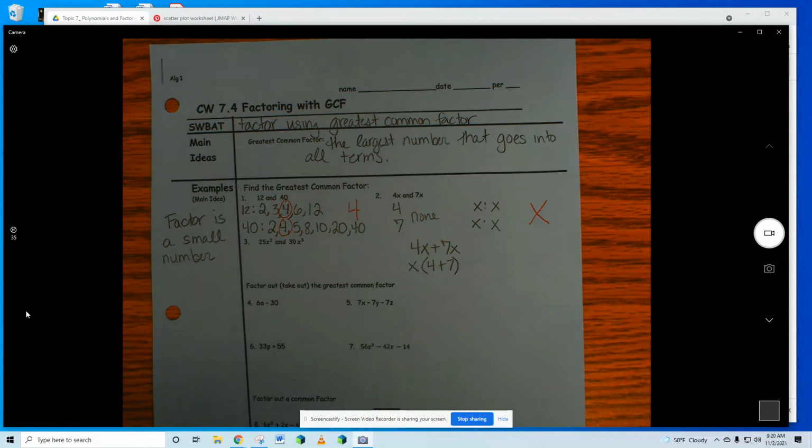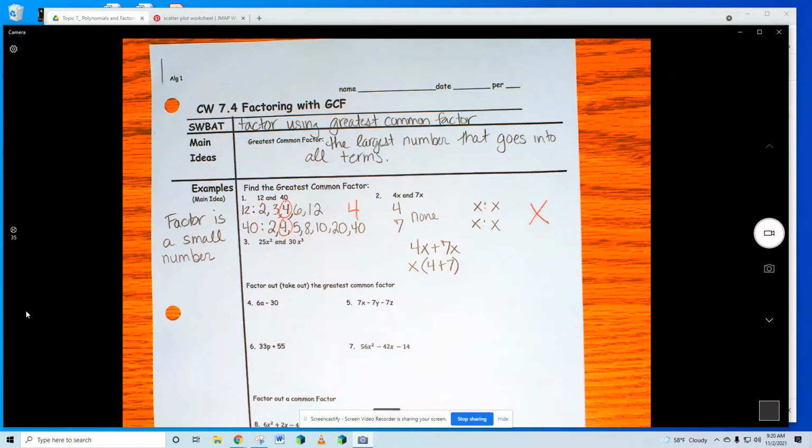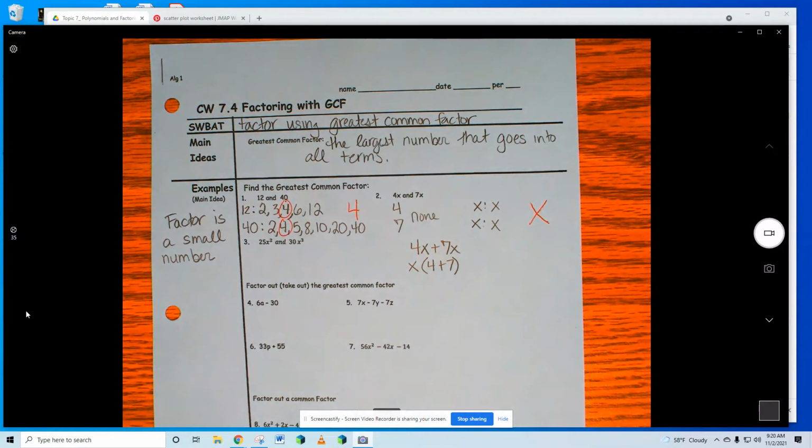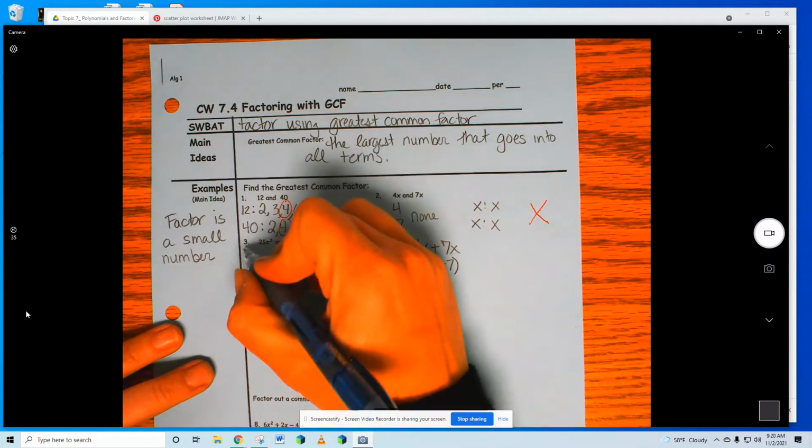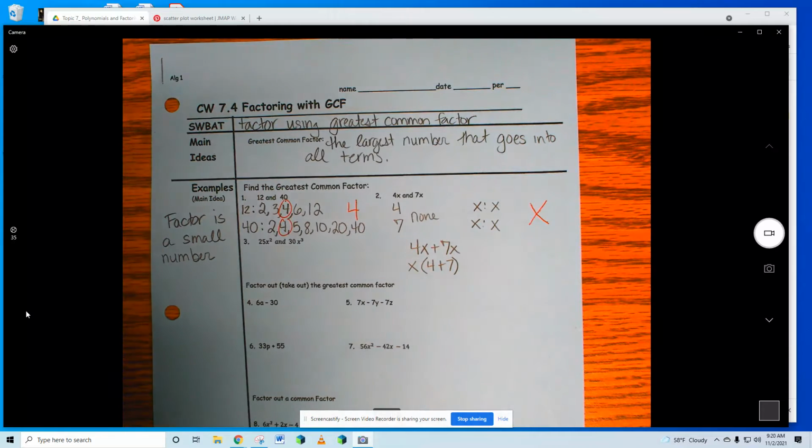Okay. 25x squared and 30x to the third. So let's do 25 and 30. They're so close together, there's not that many choices.